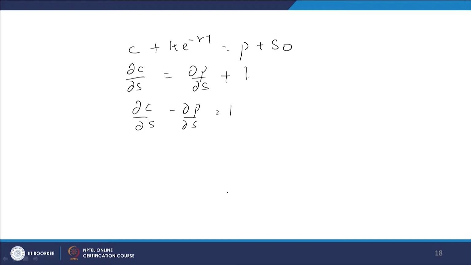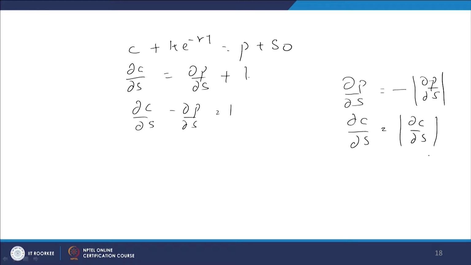Now please note one thing, del P by del S is negative, and therefore del P by del S is equal to minus of mod del P by del S, whereas del C by del S is equal to mod of del C by del S. You put these values here, what do I get?